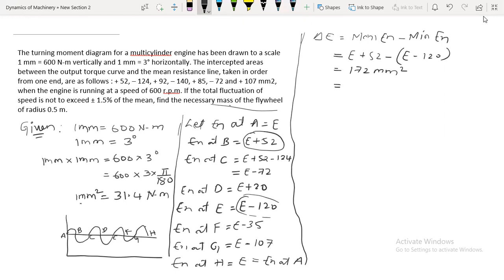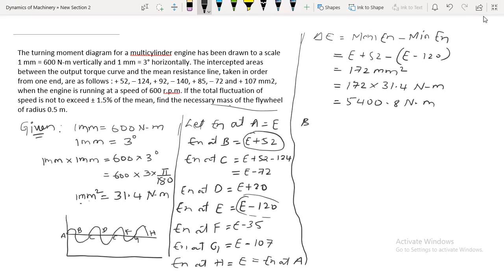So 1 mm square is equal to 31.4 Newton meter. So substitute here. So this will become 172 into 31.4 Newton meter, so this will be 5,400.8 Newton meter. Okay, right.